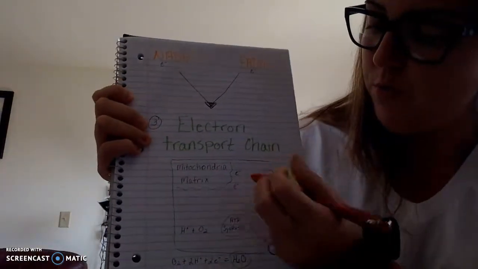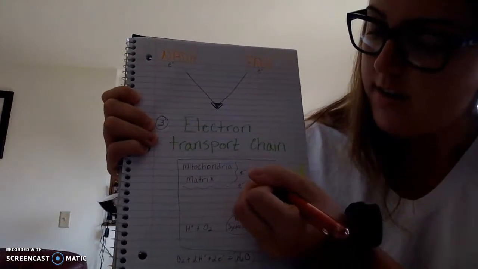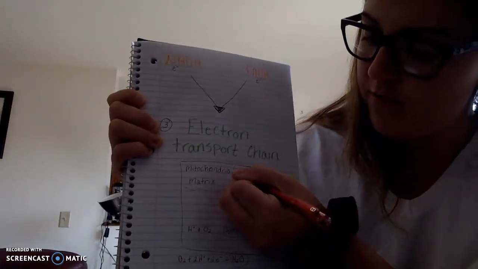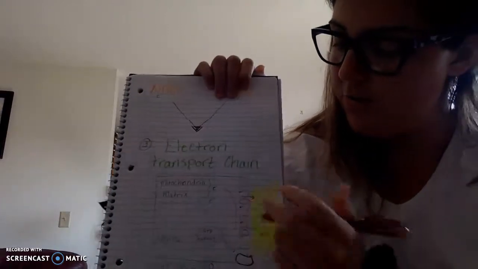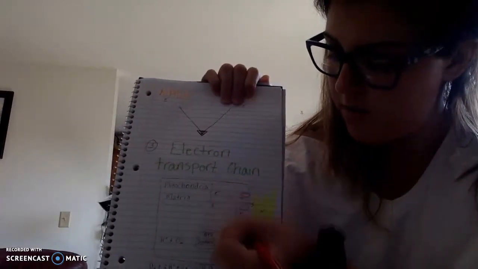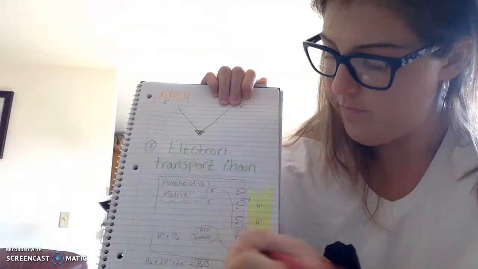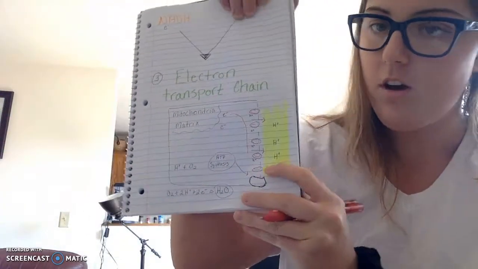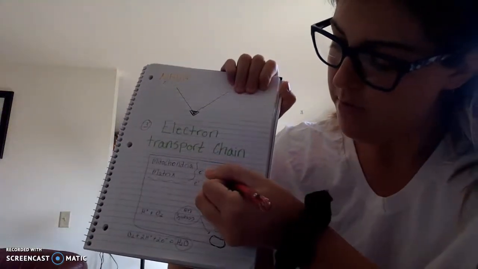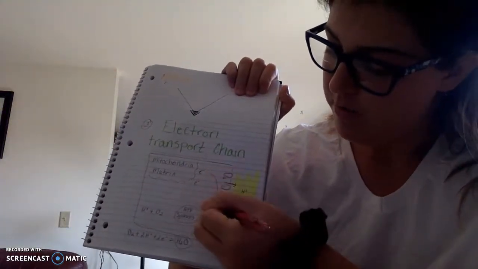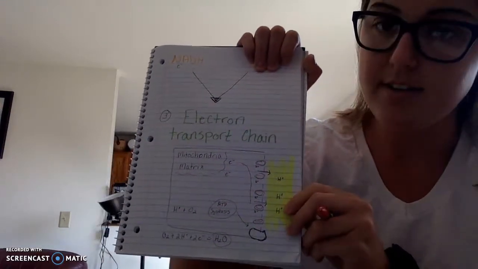They are going to move through this transport chain. And when this happens, there's proteins here in the circle. These proteins are going to pump the protons into the intermembrane space.